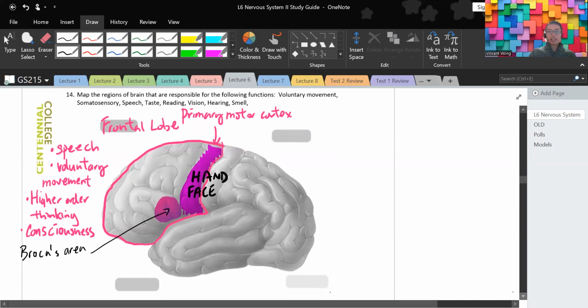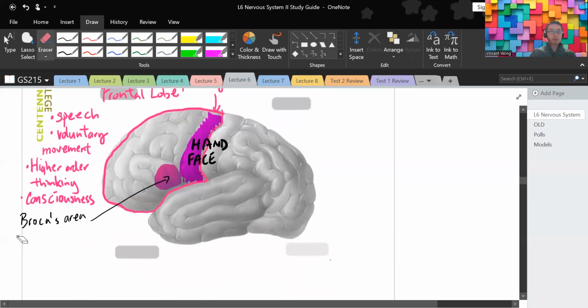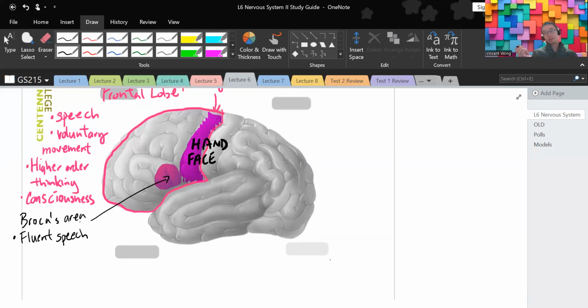And it's only on the left side of the brain for the majority of people. And it enables you to produce fluent speech, to be able to talk fluently, to use the right vocabularies, to have the correct sentence structures, and so on and so forth.